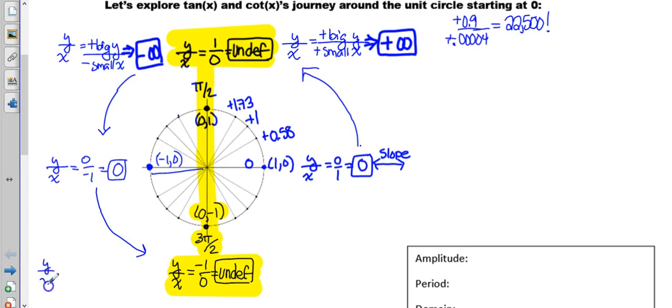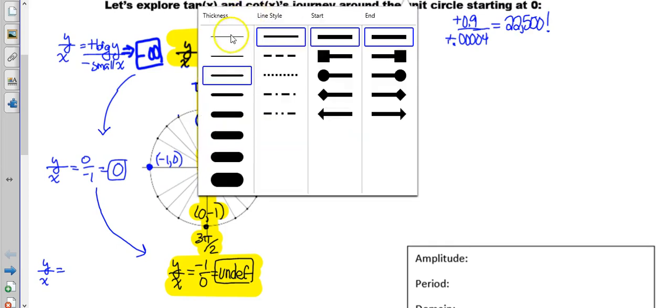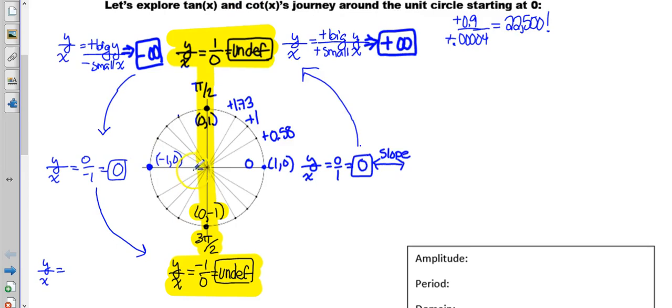Change in y divided by change in x. Now I have to realize that my y values are now going to be negative because going down is negative. So that's going to be a negative big y divided by a negative super small x.